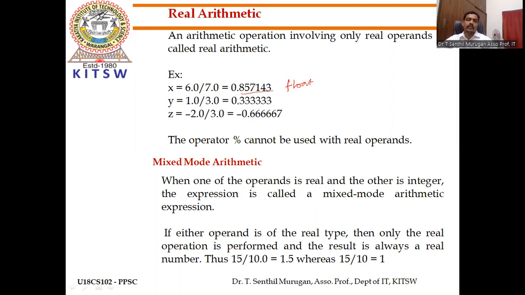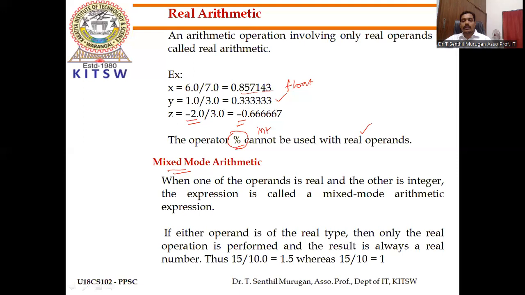Here 1 by 3, we normally write 0.33, but with float values it will print more digits. If a negative symbol is used, the result becomes negative. The percentage operator cannot be used with real operands. So we don't use modulo operation on real values. Only integer values can use modulo division. In float values we are unable to do it.